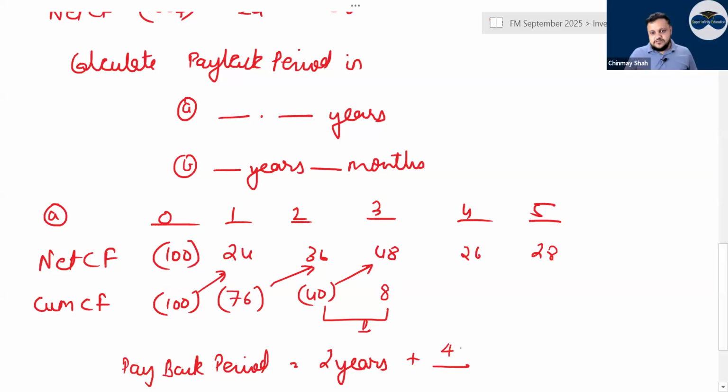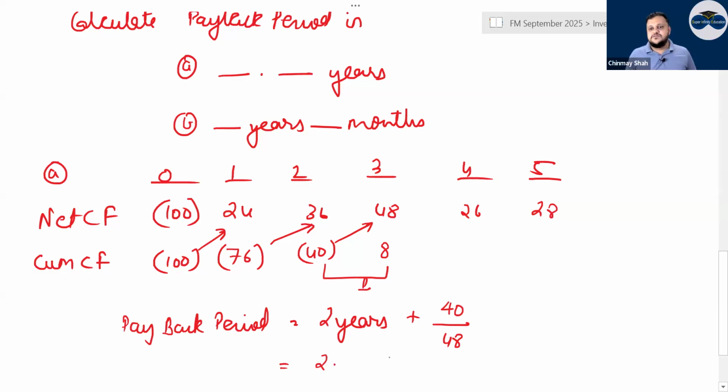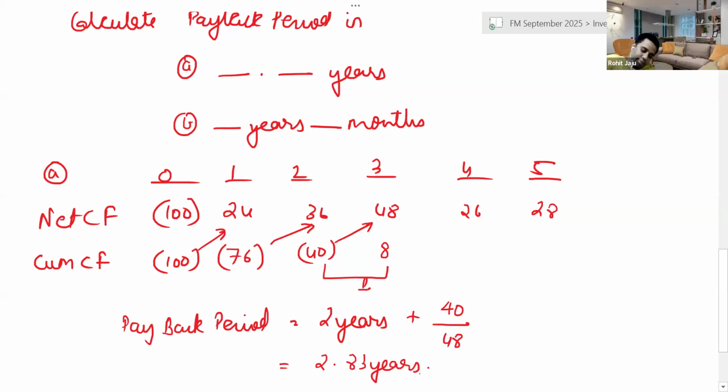So 40 divided by how much you received during the full third year, 48. 40 by 48 gives 0.83. So 2.83 years. Everybody getting 2.83 years? There is logic to it.